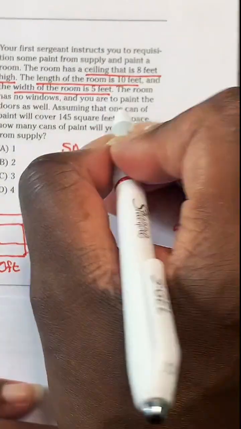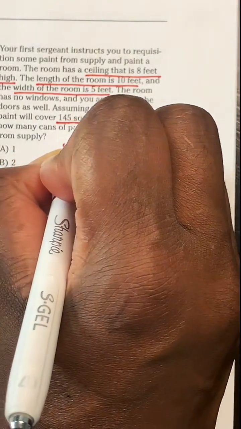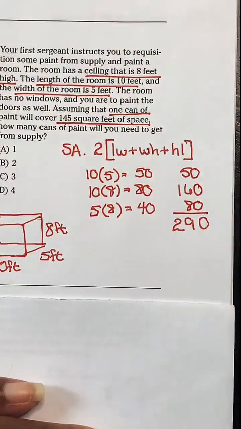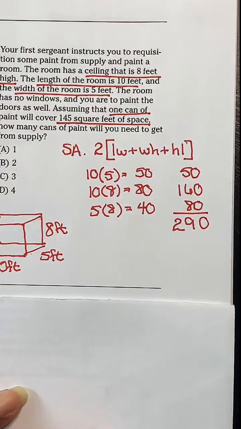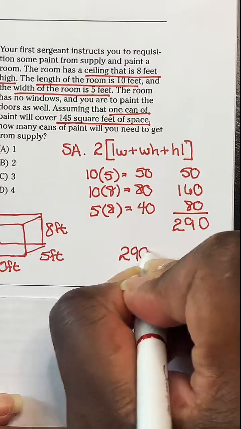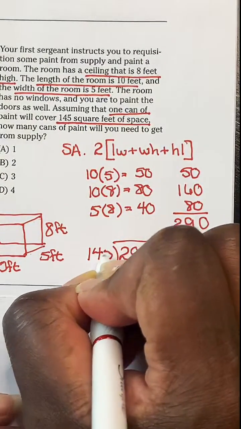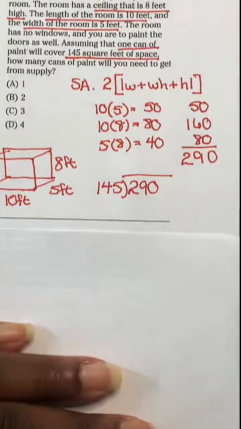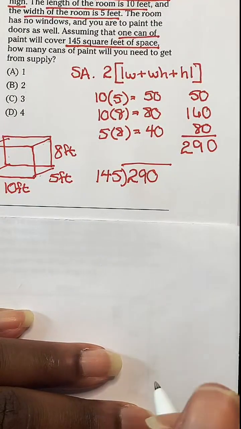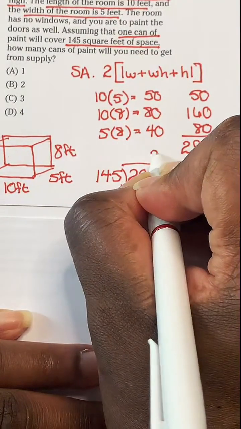But they're saying 1 can will cover 145 square feet. So if we have the 290 and my 145, I know that 145 goes into 290 by 2.